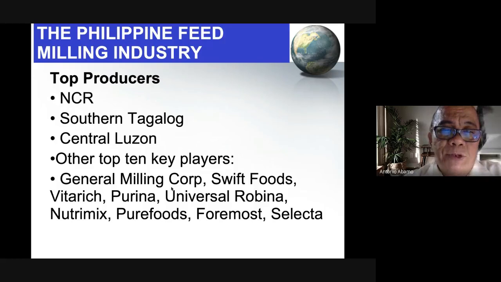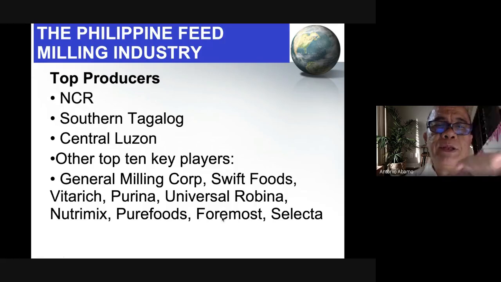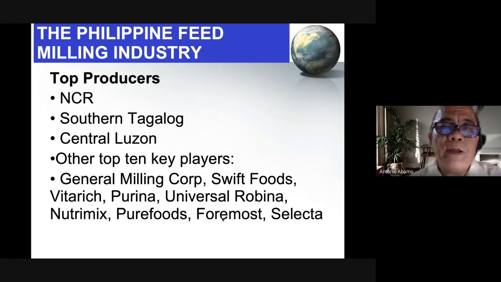These five major players: General Milling, Swift or Vitarich, and then you have Purina, Universal Robina, Nutrimix, and even San Miguel. They position themselves in these key strategic locations. Why is it in NCR? Why is it Southern Tagalog?